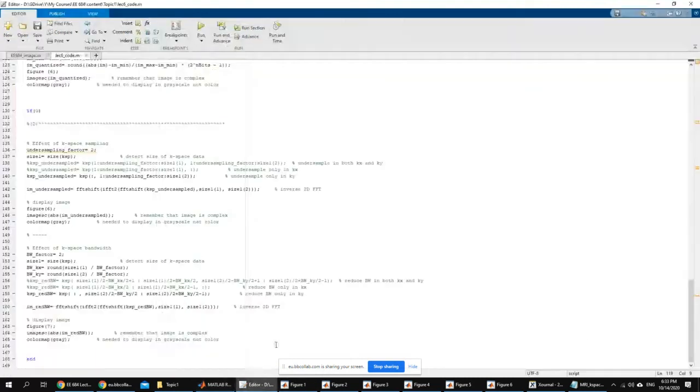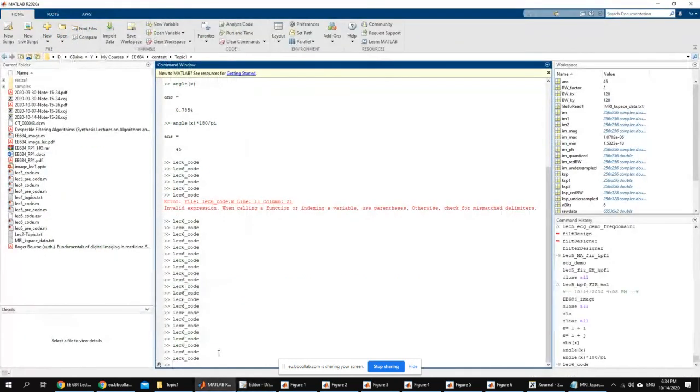Okay. So the last part of this part of the course, research problem 1, is undersampling. If we do undersampling in the K-space, I have an undersampling factor here, and exactly like what I told you before, what I do here is detect the size of the K-space. Let me show it to you first.